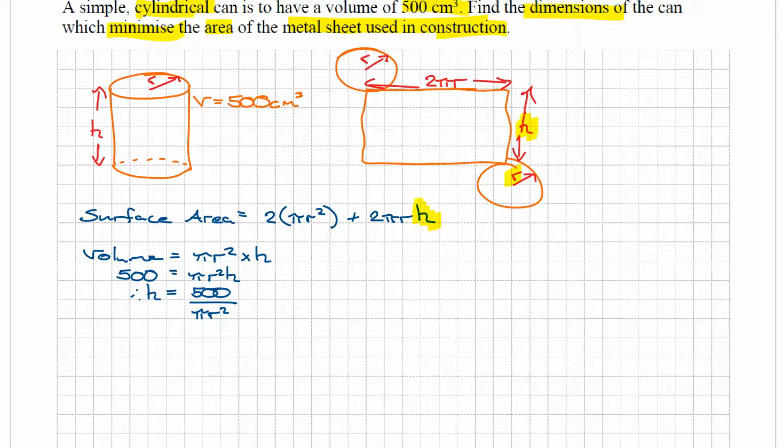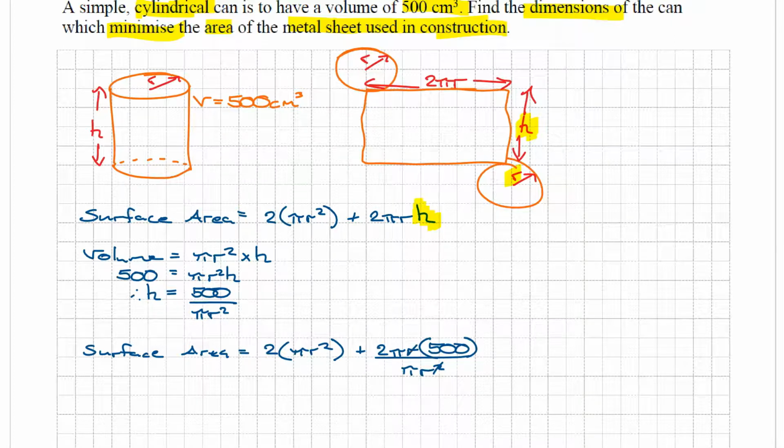And therefore the surface area is going to equal 2 pi r squared plus 2 pi r, and then this will be 500, all that divided by pi r squared.